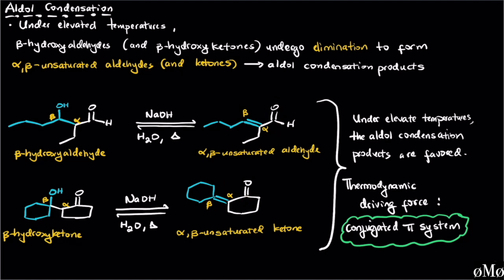And so even, for example, if your formation of the beta-hydroxy ketone is disfavored, if you heat up your system, you would then convert pretty readily to an alpha beta unsaturated ketone, which is indeed favored in your reaction.